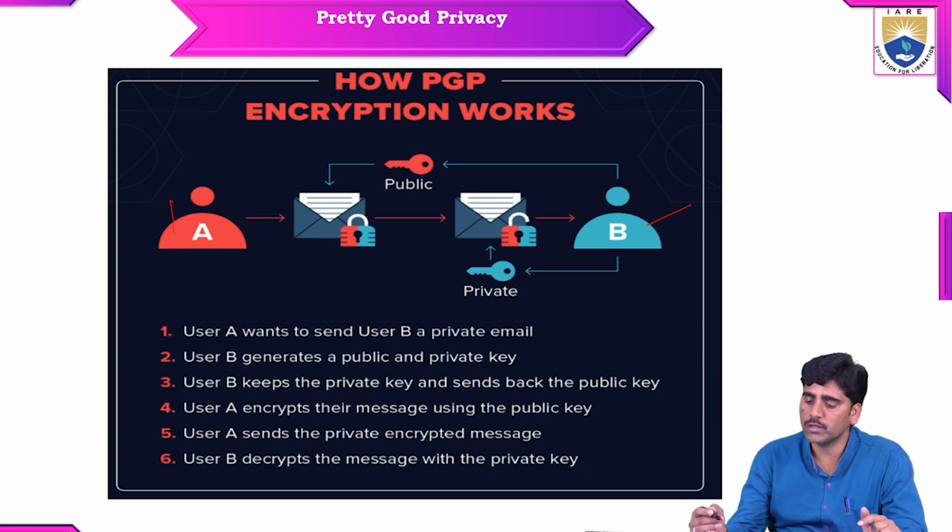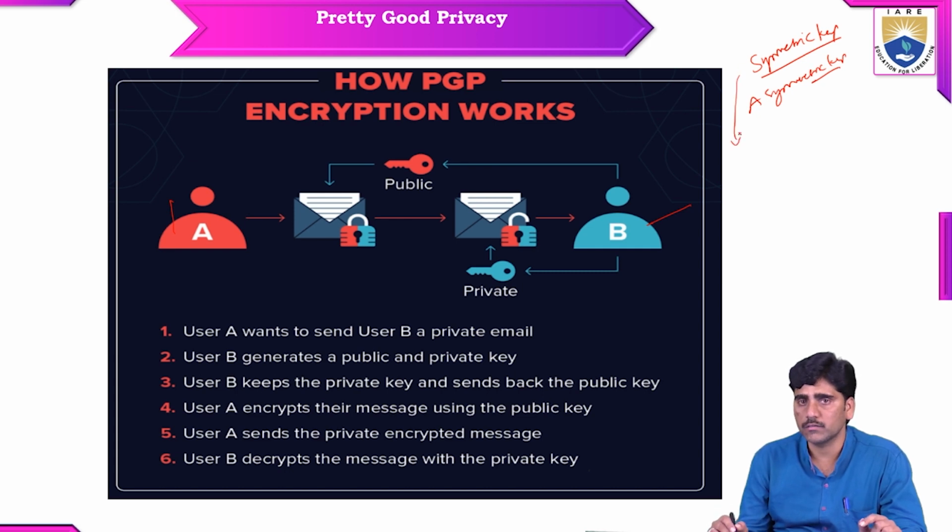So here there are two types of keys. One is symmetric keys and the second is asymmetric keys. What is meant by symmetric key? The symmetric key is nothing but the same key that is applied for both the encryption and decryption process.